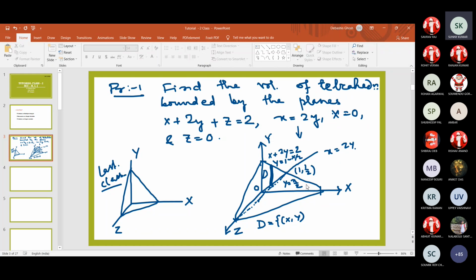Then we can draw the points of intersection on the xy plane. The point of intersection is 1.5, and therefore the volume we need to calculate.